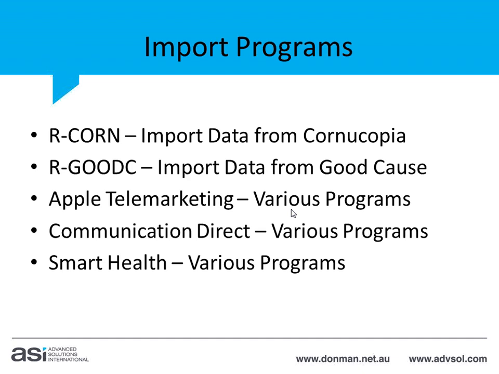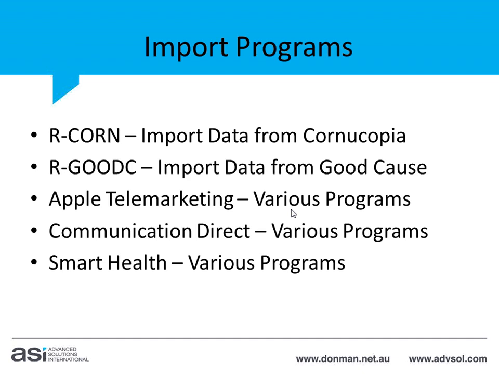If you deal with Apple telemarketing, Communication Direct or Smart Health, all of these are telemarketers. There are quite a number of different programs that can be used to import data from them. They will export it in a particular way that matches the various programs that we have.